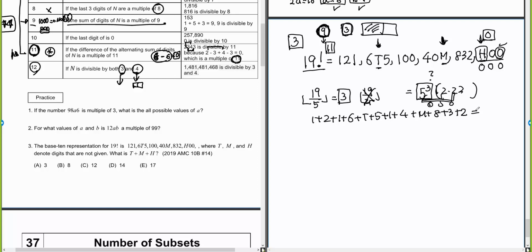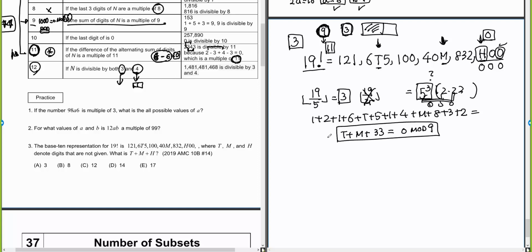Plus 2 plus 3 plus 33, right? Yeah, so that one will be t plus m plus 33. But this one should be a multiple of 9, 0 mod 9, okay? We got the one.